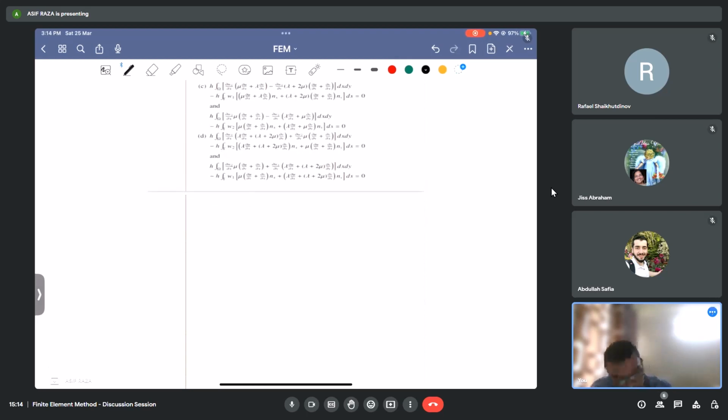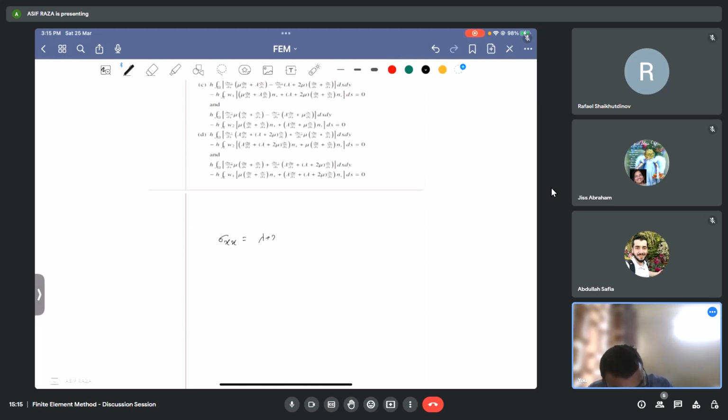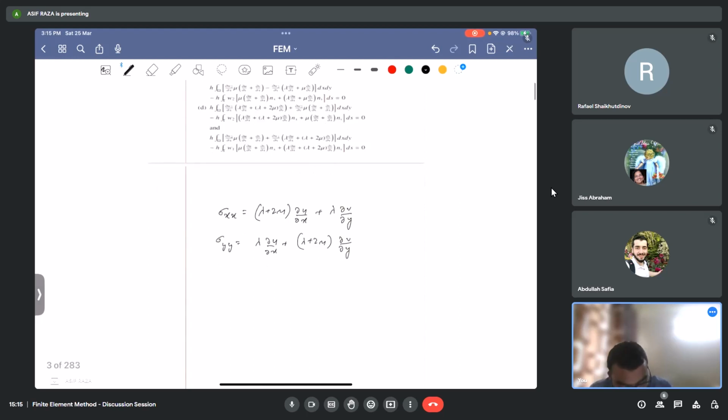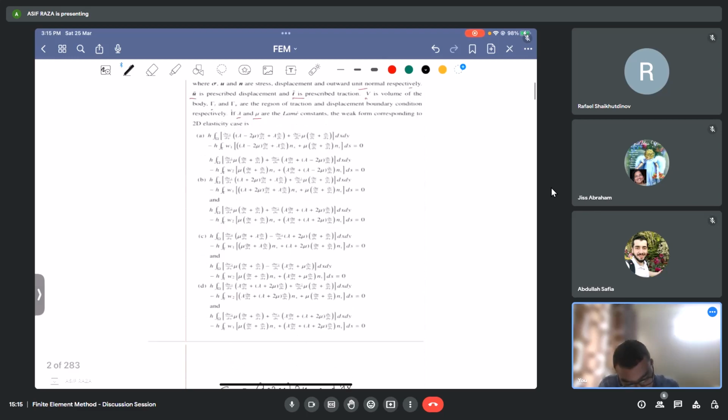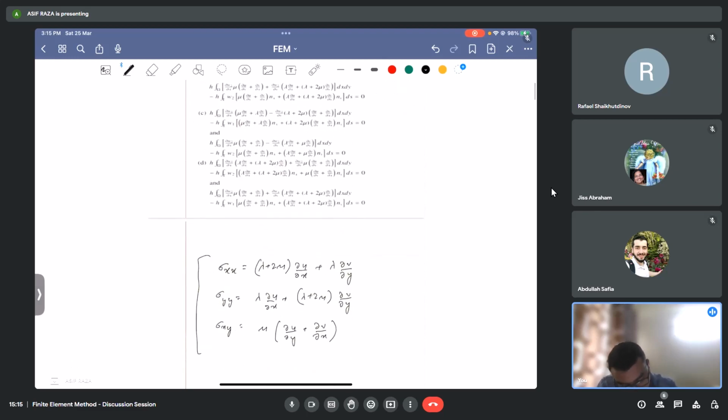Using Lamé constants, we can write sigma xx as (lambda plus 2 mu) del u by del x plus lambda del v by del y, and sigma yy as lambda del u by del x plus (lambda plus 2 mu) del v by del y, and sigma xy as mu times (del u by del y plus del v by del x). This is for the isotropic body.